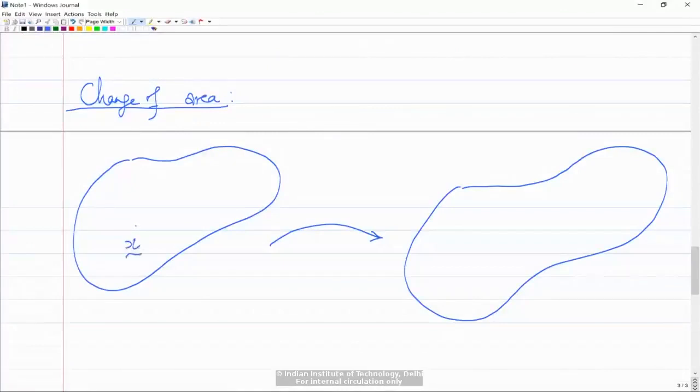To get area, we would need two line elements, okay? So this is your dx1, that's your dx2, and the cross product of these two is the area formed by the parallelogram here.